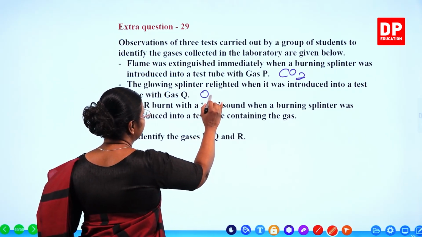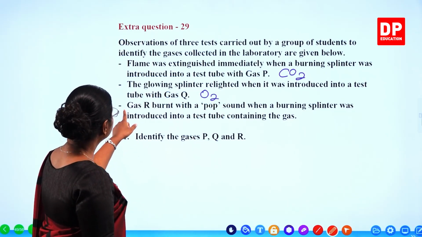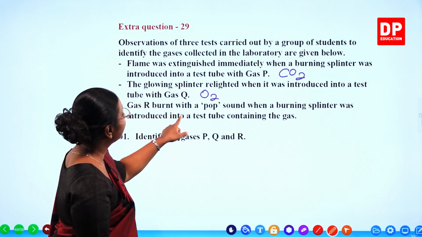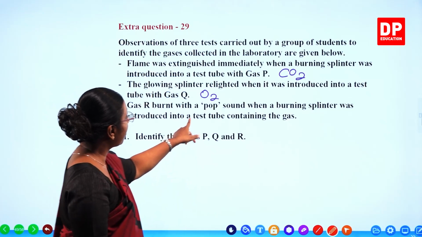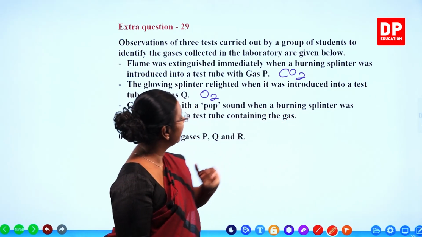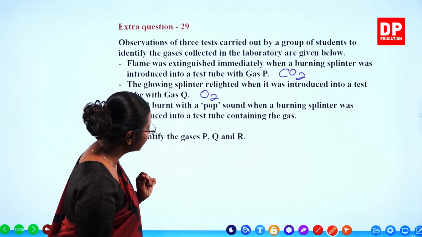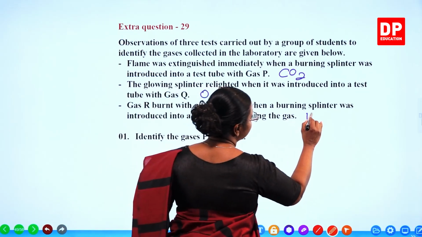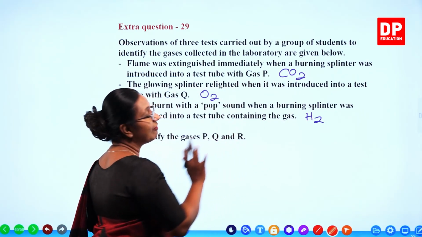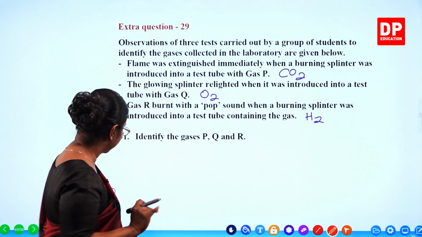So this has to be oxygen gas. Then gas R burnt with a pop sound. So pop sound, immediately you know hydrogen. Pop sound when a burning splinter was introduced into a test tube containing the gas. So that will be hydrogen gas.